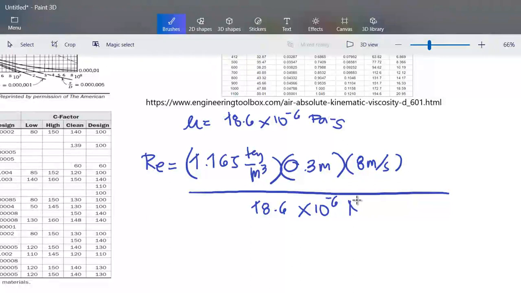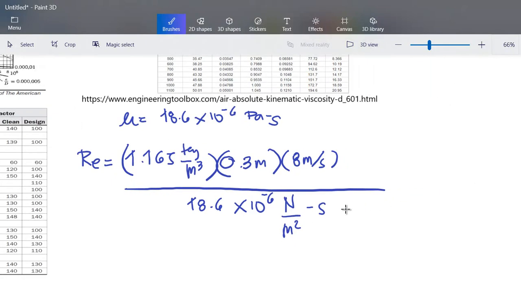So this is Newton per square meter and seconds, or this can be expressed as kilogram meter per second squared times your seconds divided by square meter.